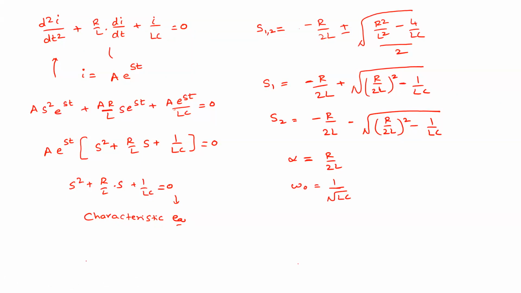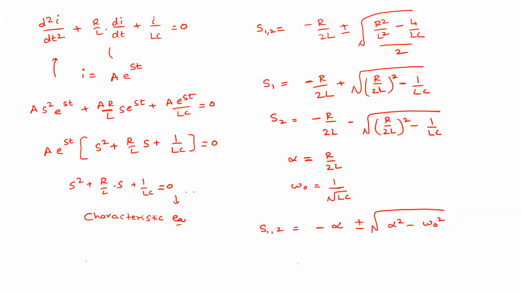You're aware of this. So what are the roots now, S1, S2? It will be minus alpha plus or minus square root of alpha square minus omega naught square, right?